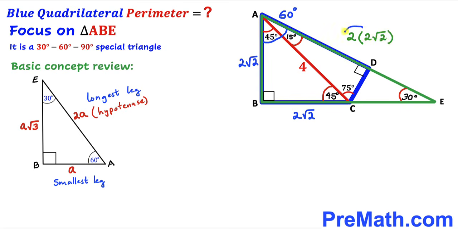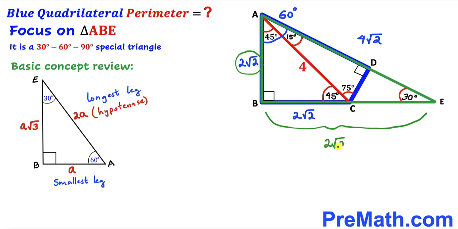And if we multiply them, that is going to give us 2 times 2, which is 4 times the square root of 2. And this third leg, BE, has got to be this quantity, which is 2 times the square root of 2, and then times the square root of 3. And if we multiply this, that is going to give us 2 times the square root of 6.